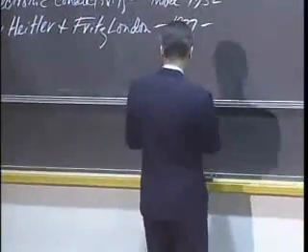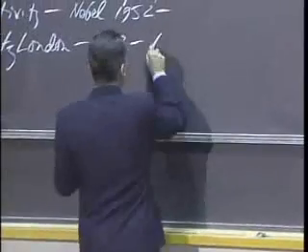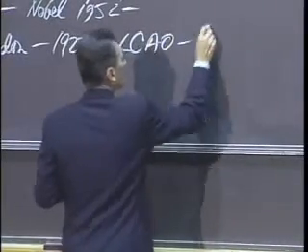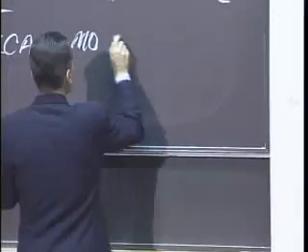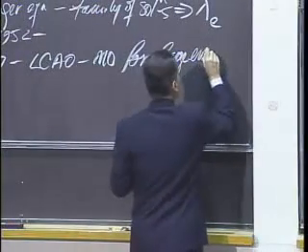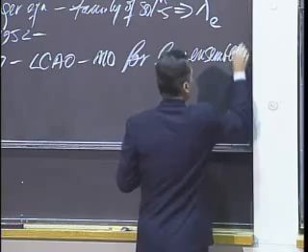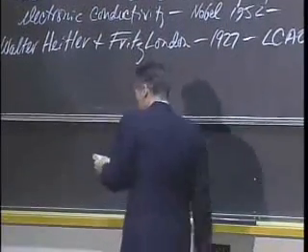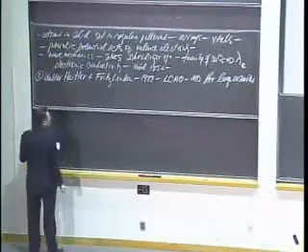So this is what their contribution was. It was linear combination of atomic orbitals into molecular orbitals for large ensembles. And so here's how that goes. Let's take a look at the cartoon.